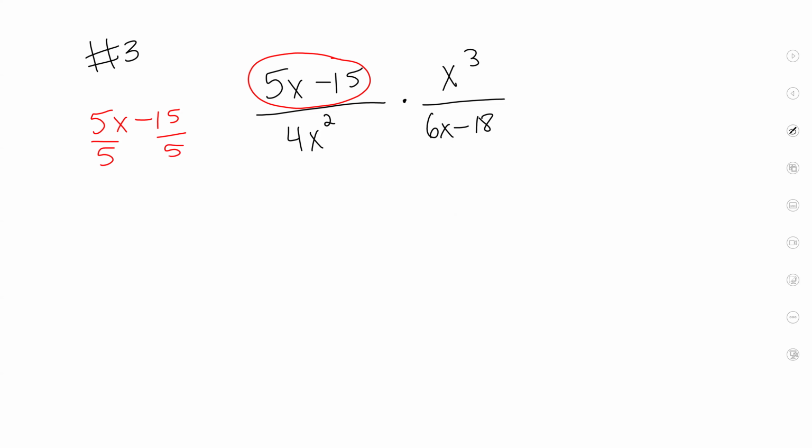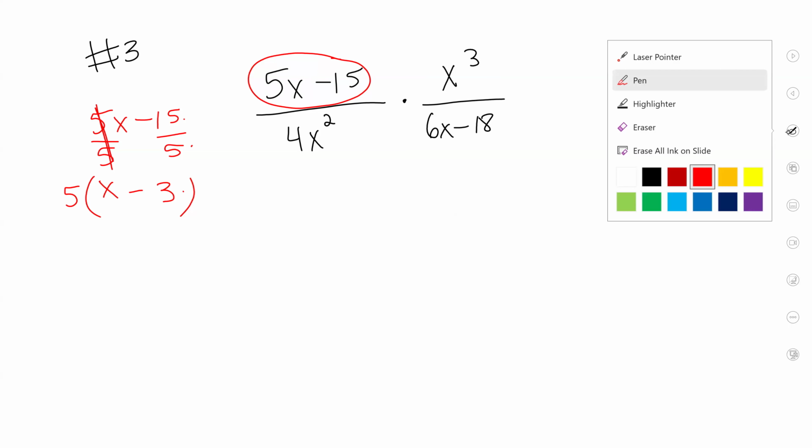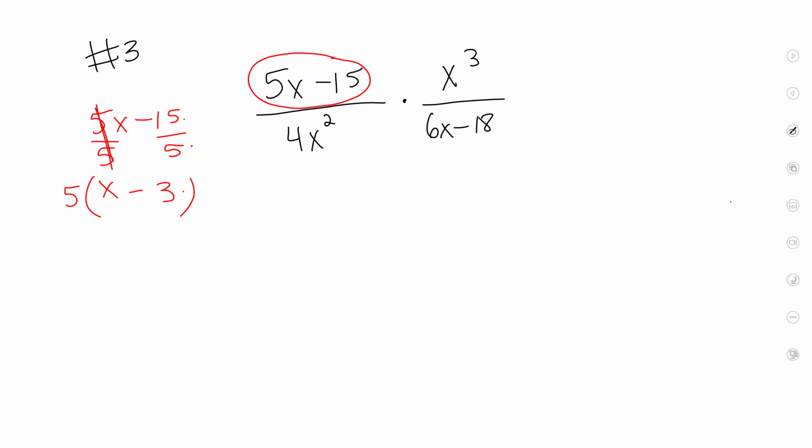How did we do this in the past? Good. Perfect. Okay, these 5's canceled. 15 divided by 5 is 3. Whatever you divide by goes on the outside. It's important not to forget that 5, because we want to be able to go back.